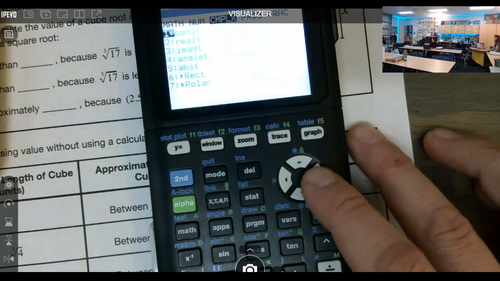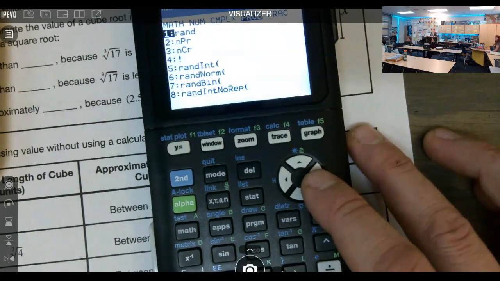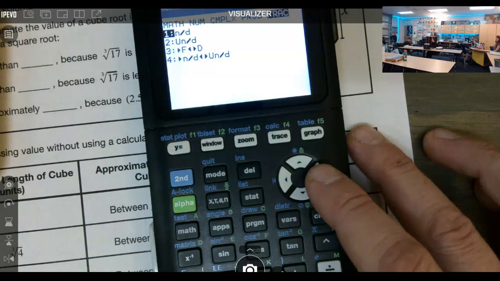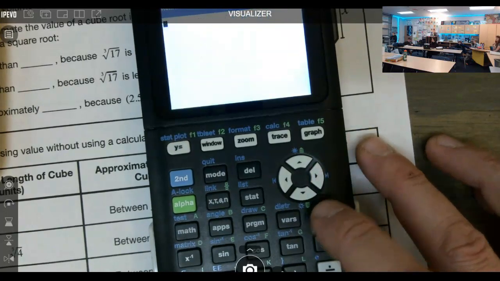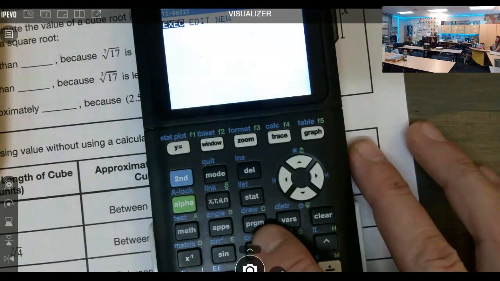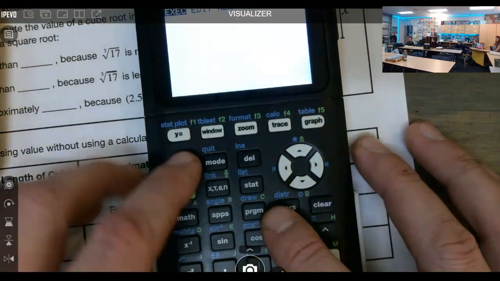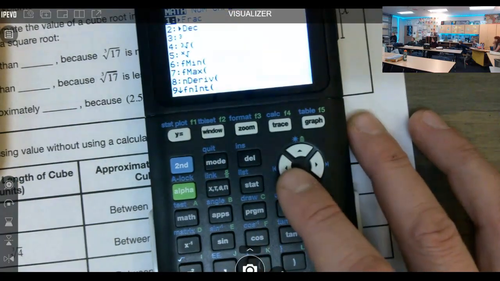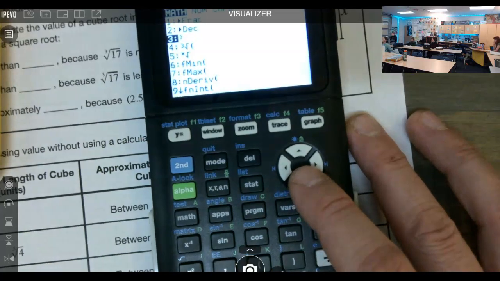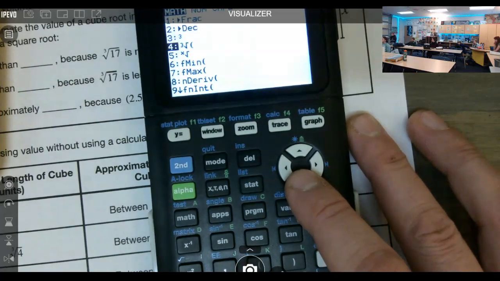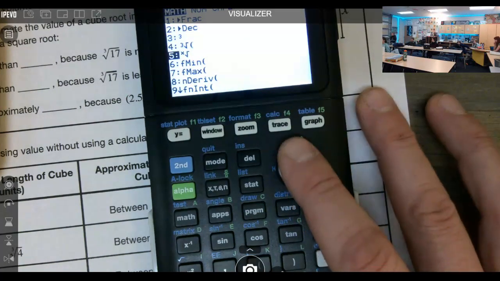Because this is just a computer, right? Here's all the options they pre-programmed. And you can write your own programs in these. If you hit PRGM, which stands for program, you can write your own, so you can add as many as you want. If you hit math, there's your cubing. There's your cube root. There's your any root.